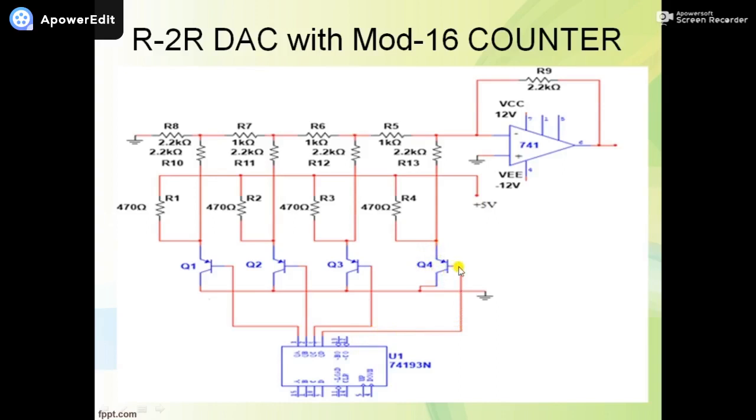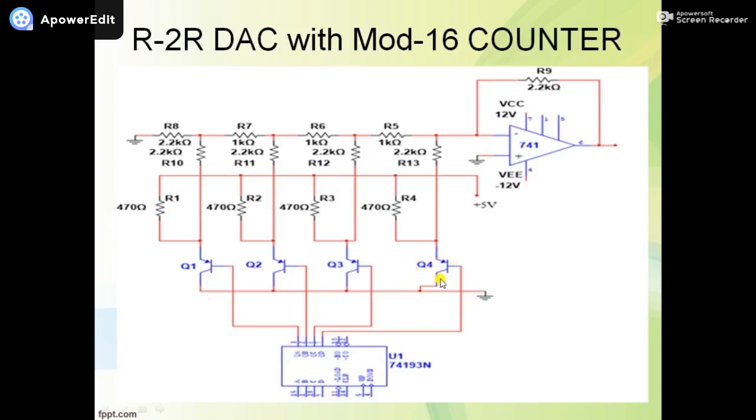So when we are giving the input signal 1, meaning a 5 volt signal, at that time only this transistor becomes an on switch, the remaining are off switches, because all the remaining digital input signals are 000.